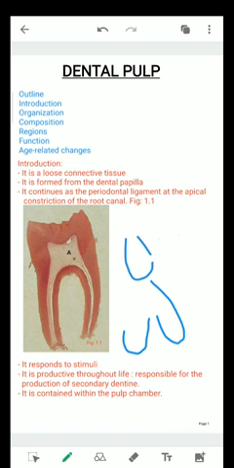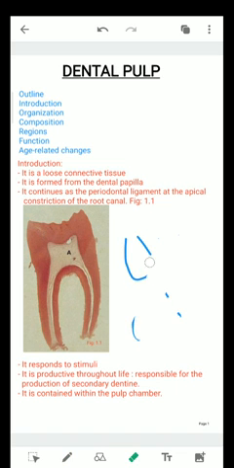Remember something like this. So we have the dental papilla right here, these dots. So the dental pulp develops from this region. Okay, so that's a little bit of the embryology.